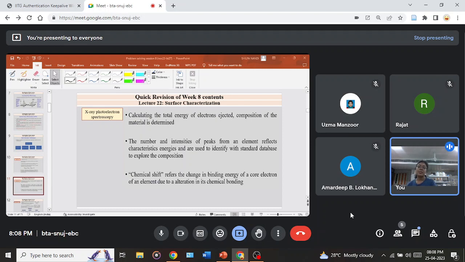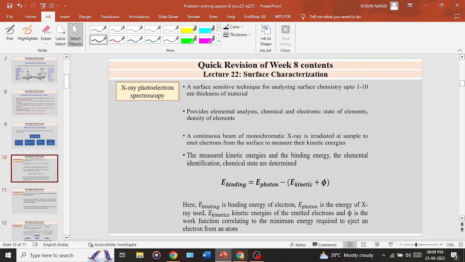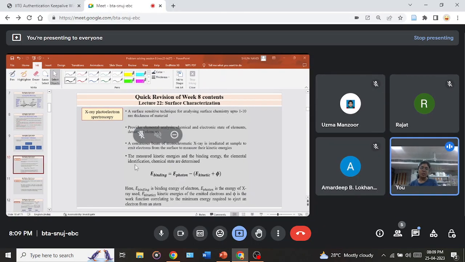So in this case, a chemical shift is seen, which refers to the change in the binding energy of a core electron of an element due to the alteration in its chemical bonding. Where does this binding energy come from? The kinetic energy is measured, and the binding energy is then determined.